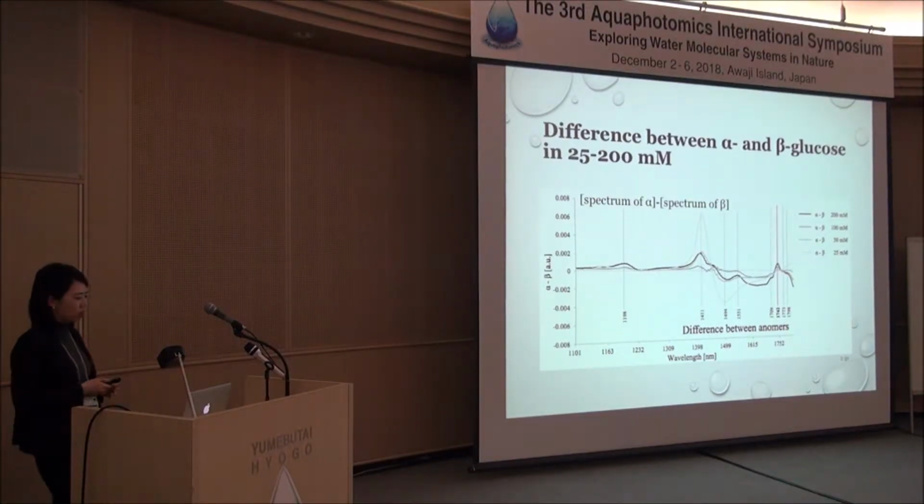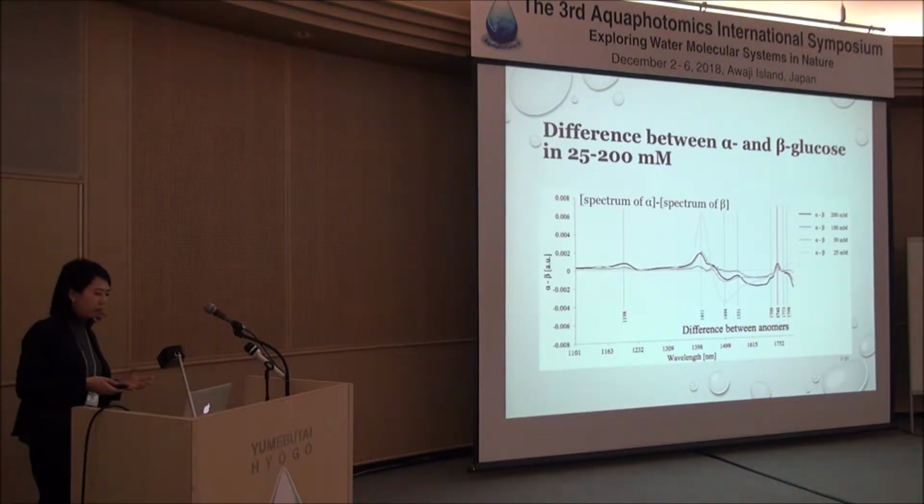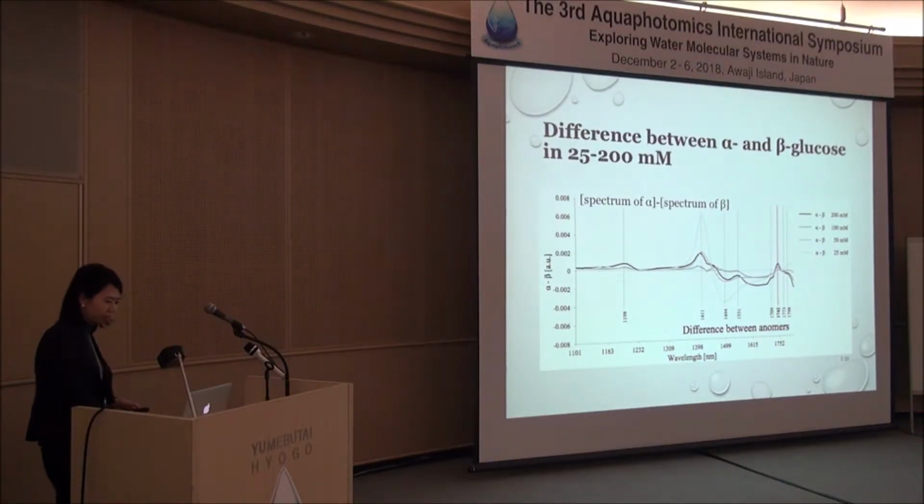It also shows a clear concentration dependency. And in addition, there are several bands in the OH region and the CH region, although the concentration dependency is not so clear.